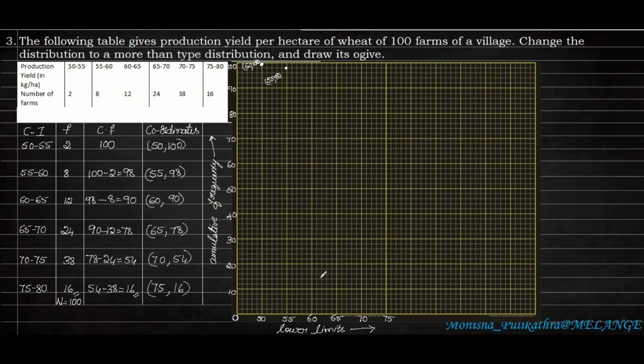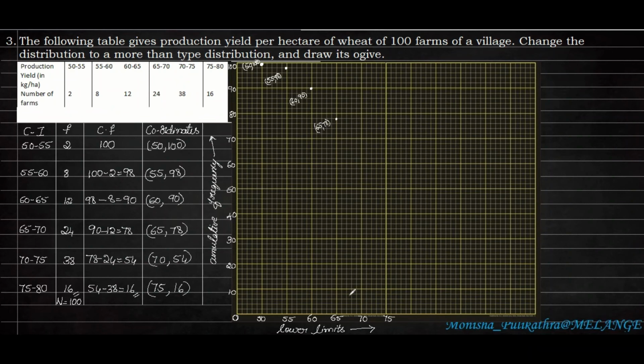So next one is 60, 90. For 60 in x-axis, in y-axis it is 90. So it comes here. So that is for 60 it is 90. So next for 65, 78. For 65 it is 78. So this is 65, 78.